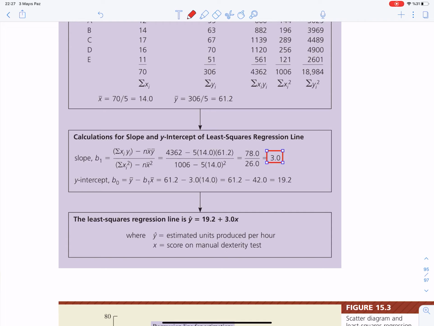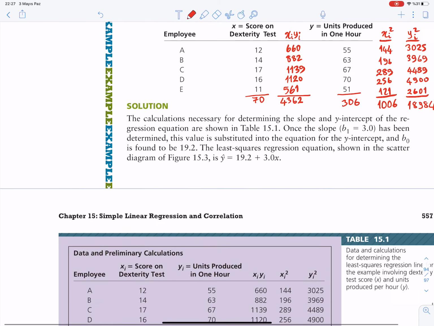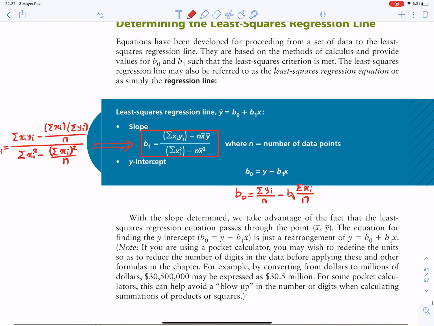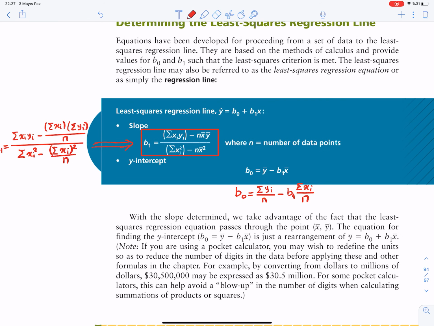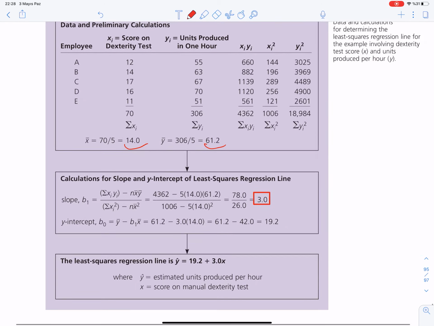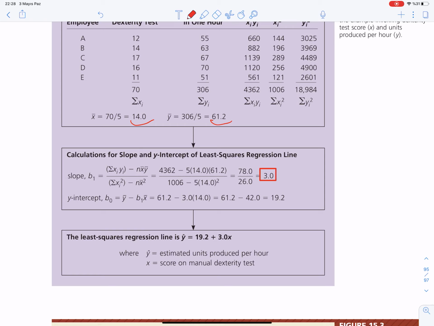And for the intercept, if you use his formula, because the author has x bar and y bar, and use the formula of b null in this way, you simply get the result to be 19.2.